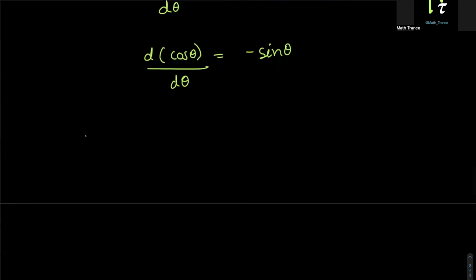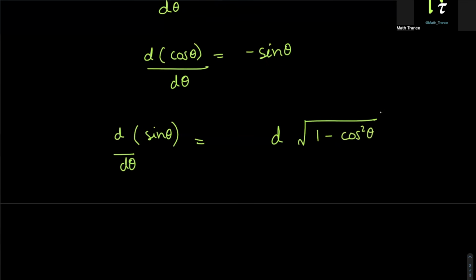We could have started with the chain rule. People think that if I want to know the derivative of sine theta, we can write it as maybe the derivative of 1 by root of 1 minus, or rather, let's keep it simple, let's not go into tan and cot, 1 minus cos square theta.